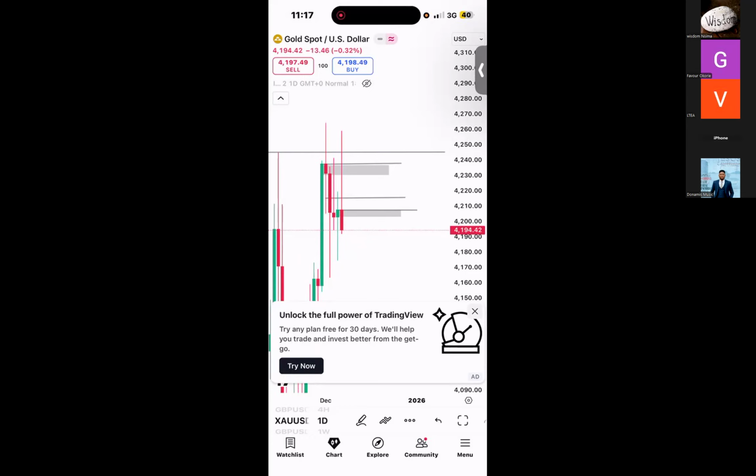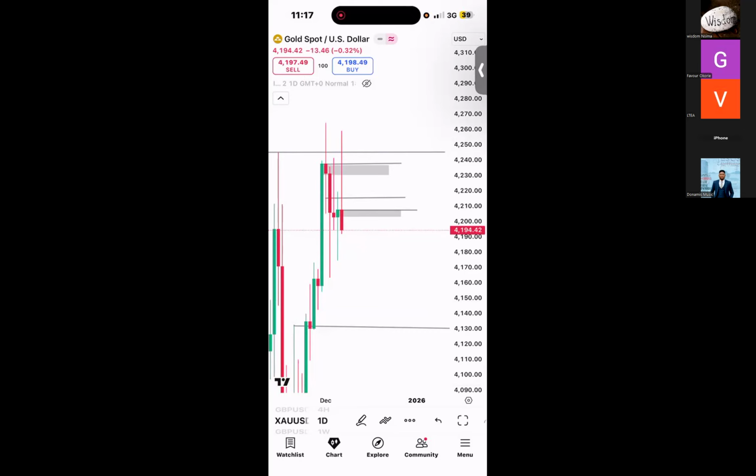There is no breaker here. So there is no fair value gap here as well, right? Yeah. Now, what you guys are seeing here, you are saying we have order block, right? So we agree that there is no mitigation, no fair value gap, no breaker, but the only thing we know that is here is order block, right?